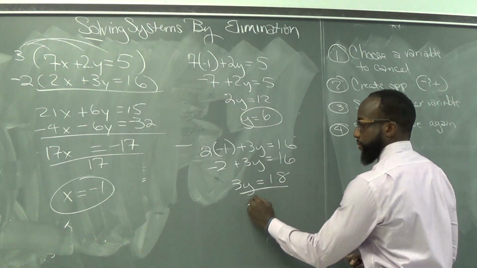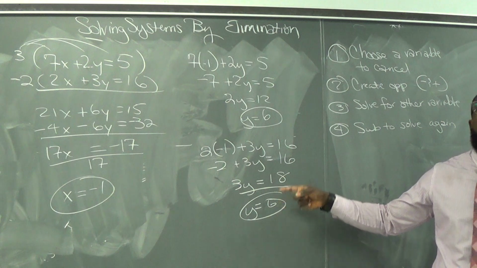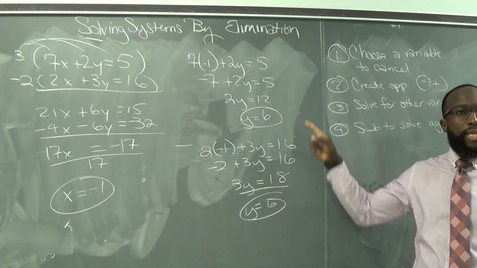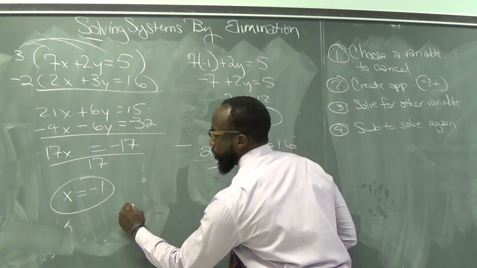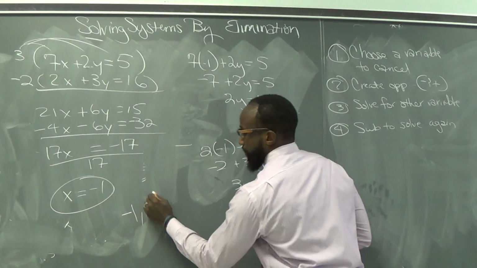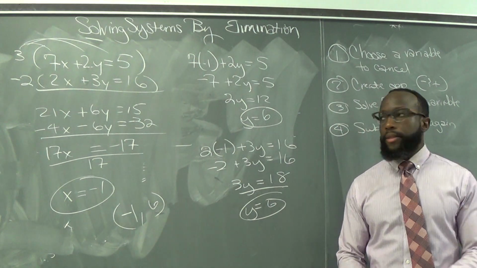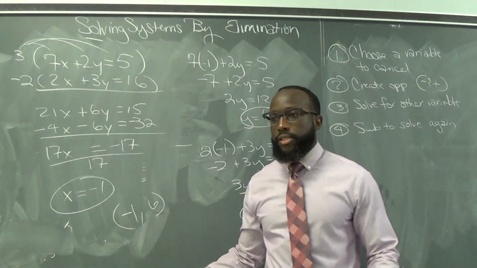Divide by 3, y equals 6. You see that? It doesn't matter which equation you put that number in. So your solution, the place where this graph intersects, is at -1, 6. These two lines intersect at -1, 6.